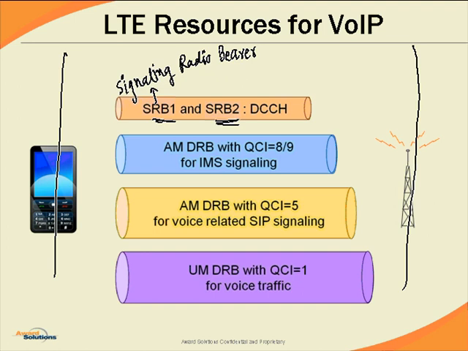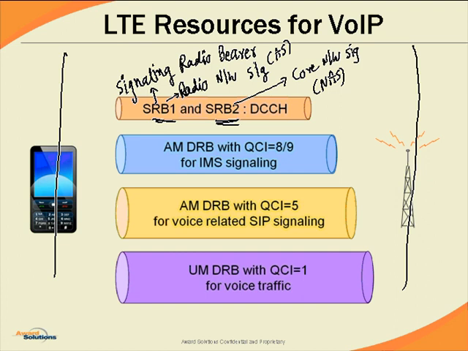This is basically, for all practical purposes, radio network signaling. This is pretty much core network signaling, non-access stratum signaling. The other one is access stratum signaling. So we have that.